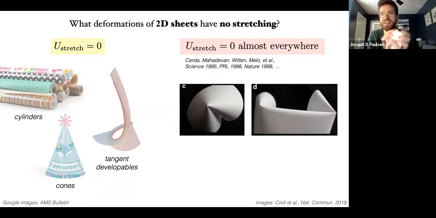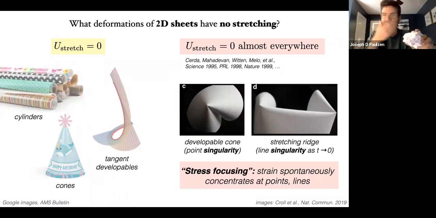Thin materials do not like to homogeneously distribute energy when you confine them. They like to concentrate it at vertices and ridges and other such lower dimensional sets. So that's one very fascinating fundamental thing about sheets, this stress focusing property that they seem to have.